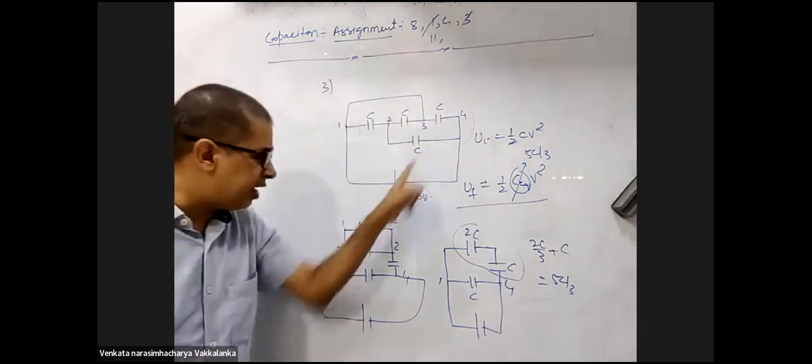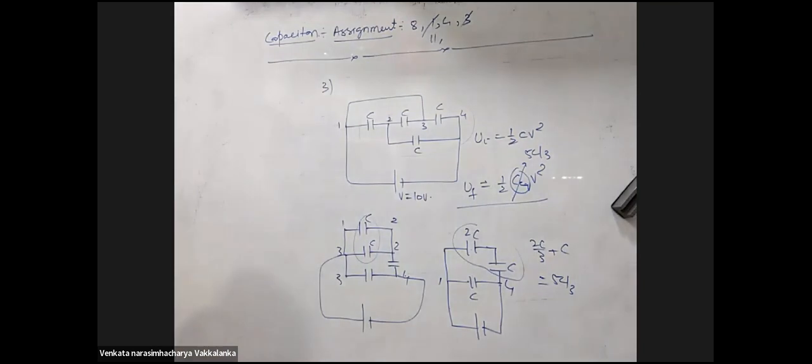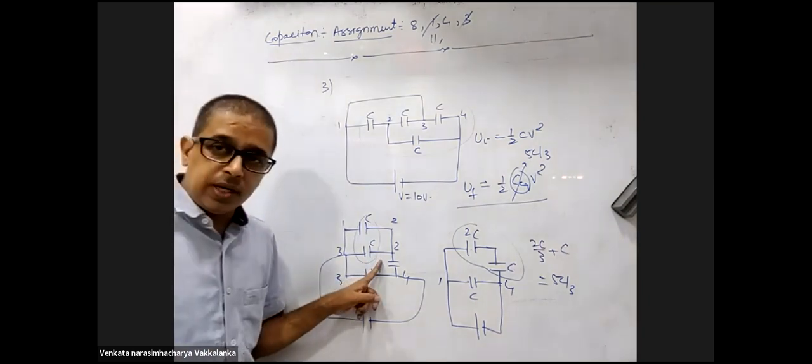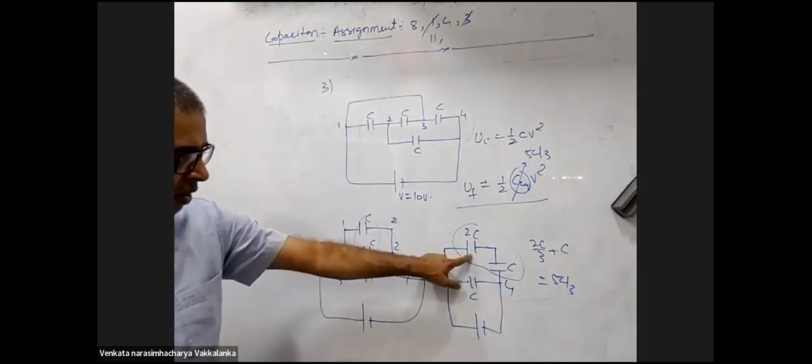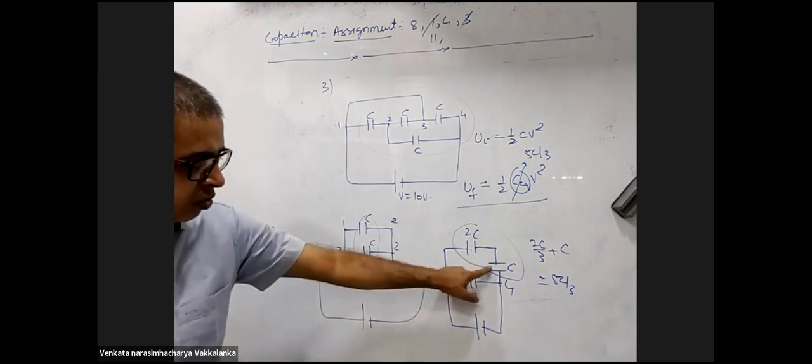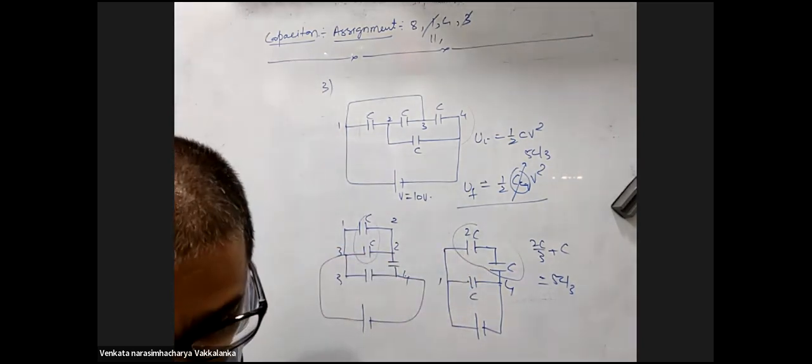The key catch in rearranging this: he's playing with you people when he is asking for the rearrangement. The moment you see this, you will not understand directly what is the equivalent circuit. Find these both to be in parallel, that is in series with this, thereby the job becomes easy.